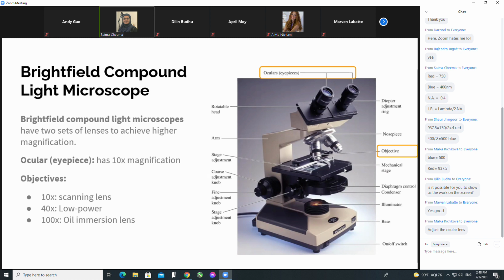The whole purpose of starting under 4x, and the reason we call it the scanning objective lens, is so that you can see a larger field of view. You can scan for what you need to further zoom in on, right? And so make sure that's the series of steps that you follow to be able to eventually find the image under 100x as well.